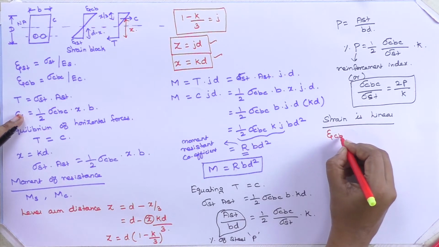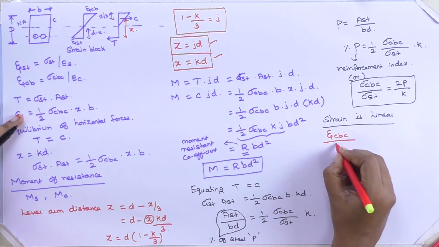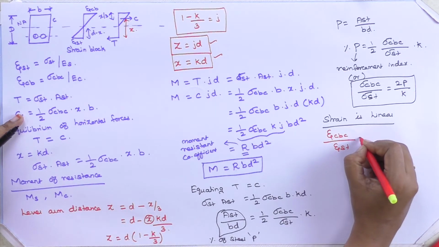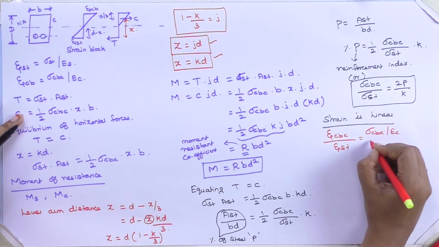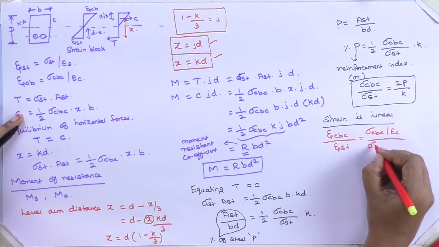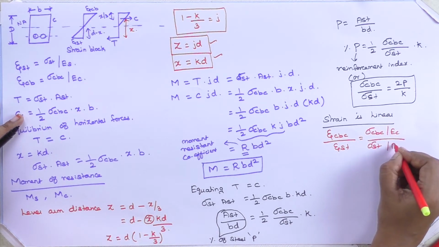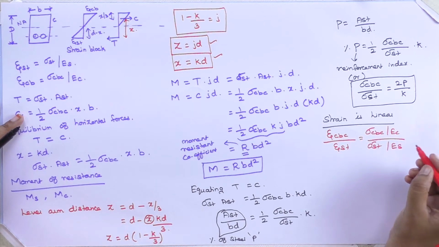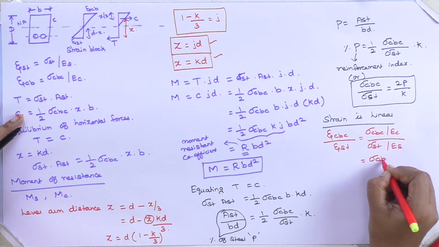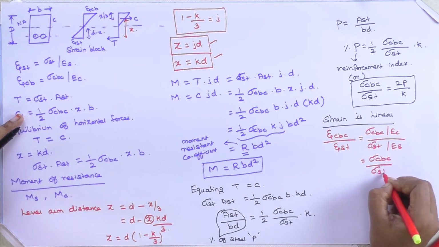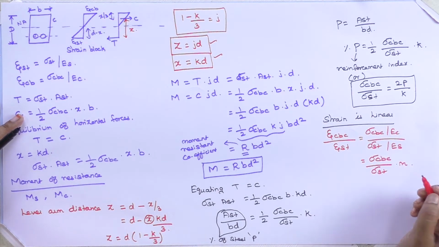Epsilon CBC divided by epsilon ST is equal to sigma CBC divided by EC divided by sigma ST divided by ES, that is sigma CBC divided by sigma ST into modular ratio.